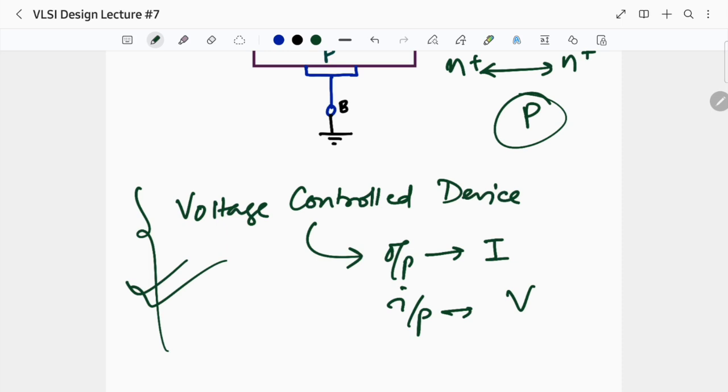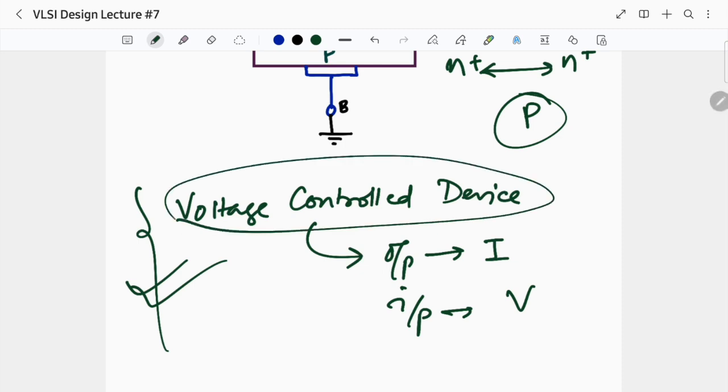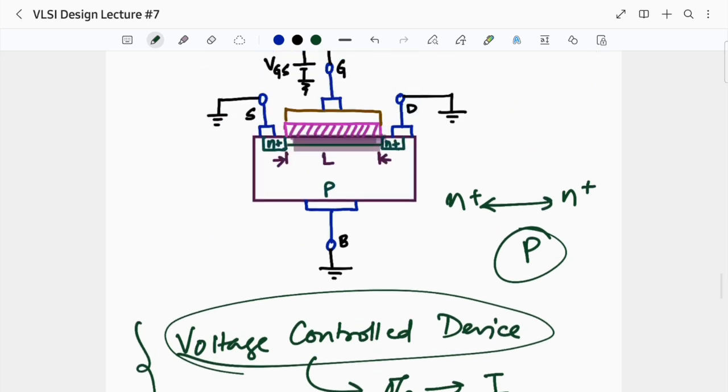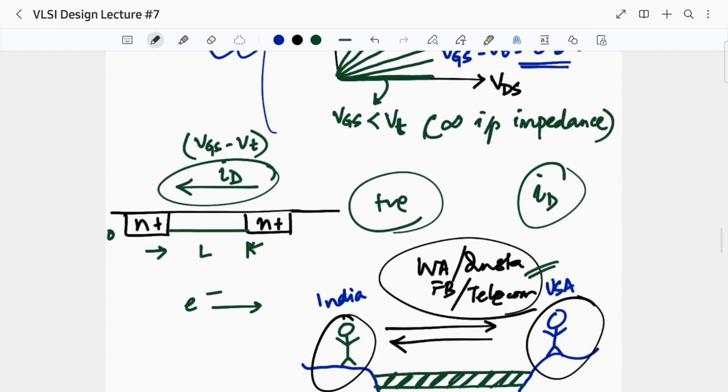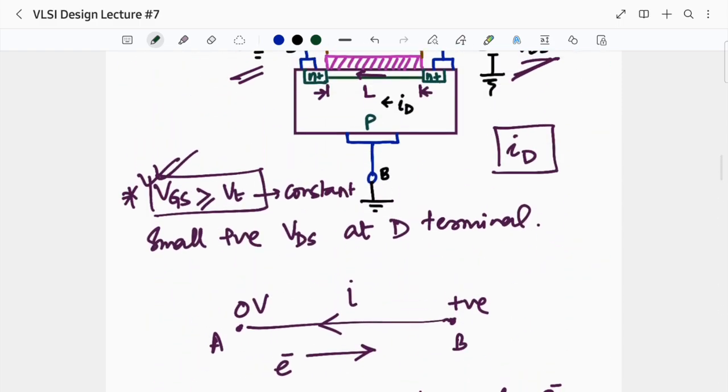Once you get to understand the concepts, you don't need to mug up any point in VLSI. If I just mug up voltage control device and whatnot, the next question in your viva will be, what do you understand by that? What is the output? What is the input? Then they will ask, how come you are getting this current as output? So for that, you need your concepts to be strong.